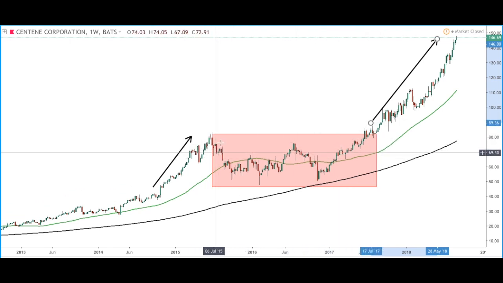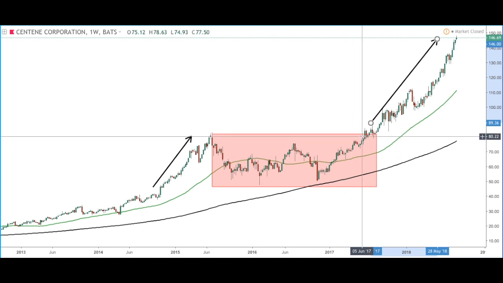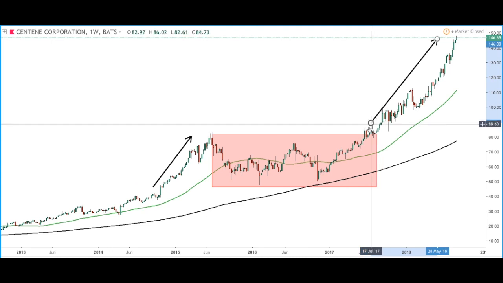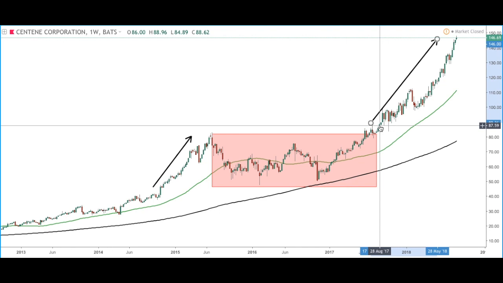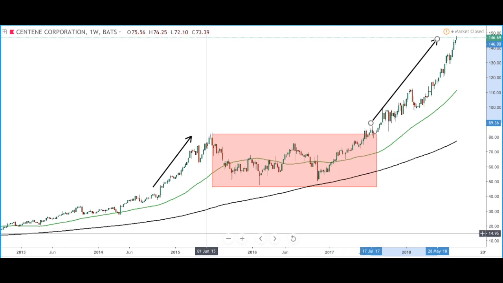Now right here, we had the breather period, we had the long area of consolidation, price broke out, retested, and then broke out once more. Right in this area would be a very good area to look to take a long trade on this stock because we are buying at a base of support.